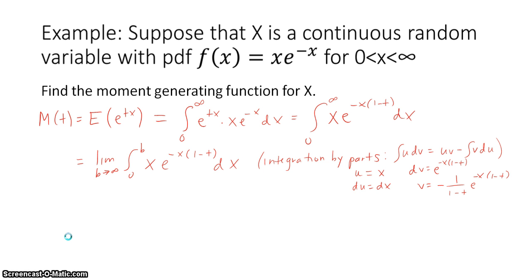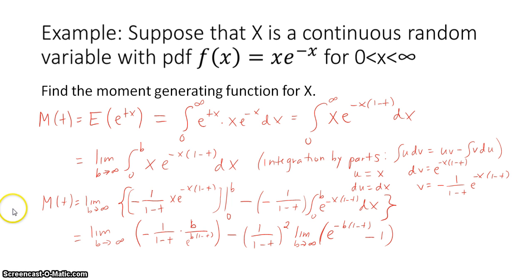You may want to take your time and work through some of the details yourselves. So now this is going to be equal to the limit as b approaches infinity of our u, which is our x here, times our v, negative 1 over 1 minus t, times e to the minus x times 1 minus t power, evaluated as b goes to infinity.